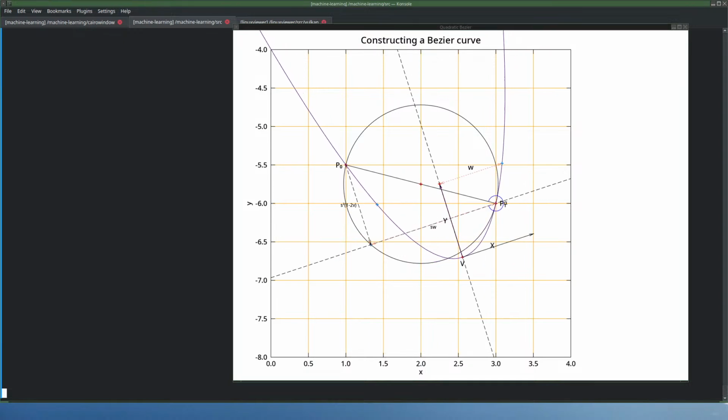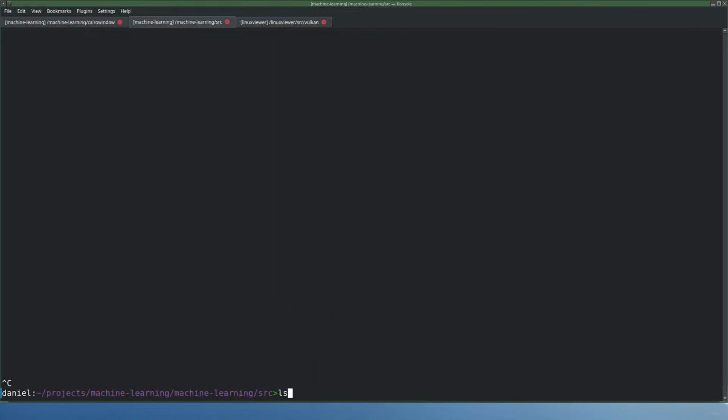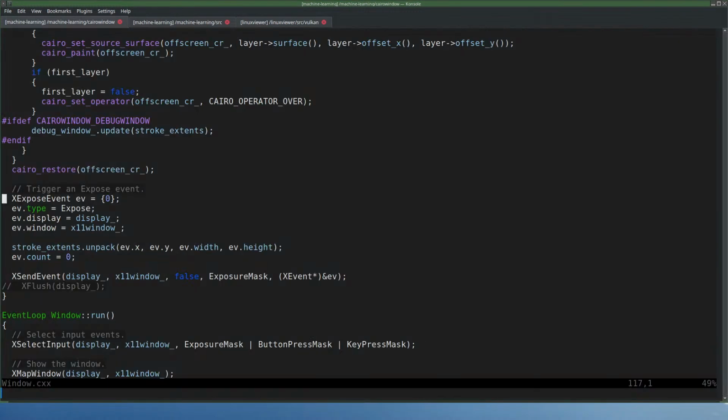Curve is rather nice. Yeah, this is not what you want. No. Flush seems not necessary. Okay, and what happens if I don't send expose event at all?